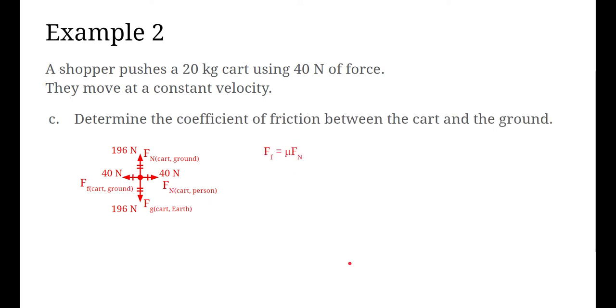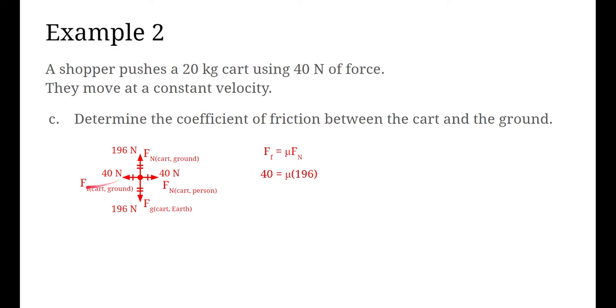And then the third part of this example actually doesn't have to do so much with balanced forces, because we've already figured out the size of all the forces because they were balanced. But this is just going to be a quick review of one of the equations that we used in Learning Target 3.2, which says that the friction force is equal to the coefficient of friction times the normal force.